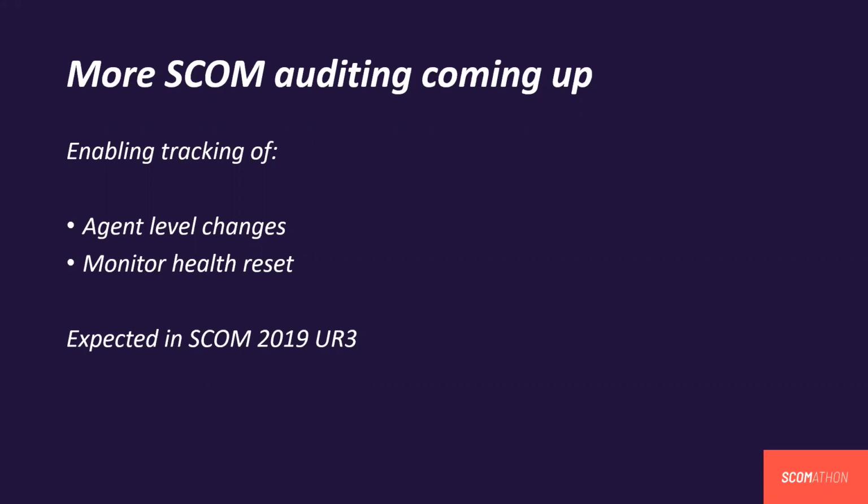So they are currently still working on even more stuff. Some of these things coming up in update rollup 3 are expected. These two are the agent level changes. If you updated the agents to a different update rollup, it'll show up. And the monitor health reset.